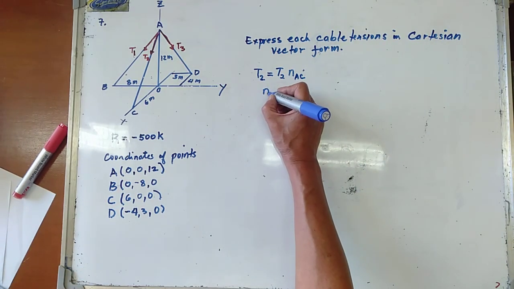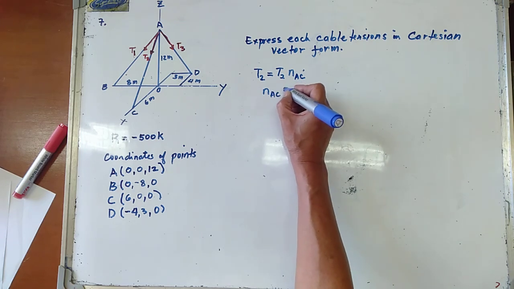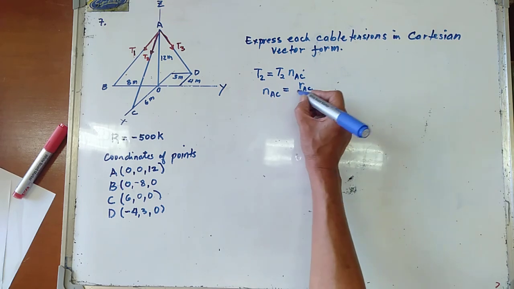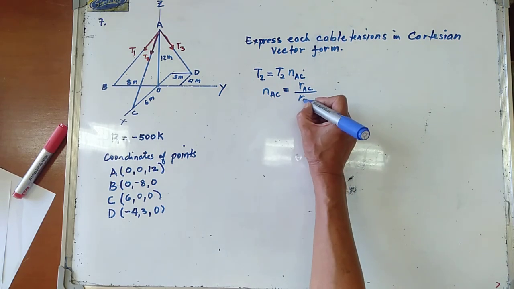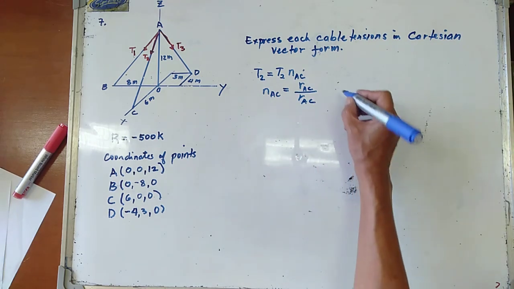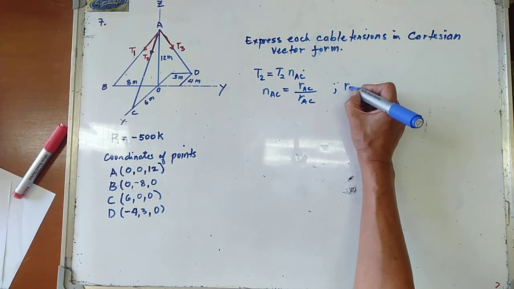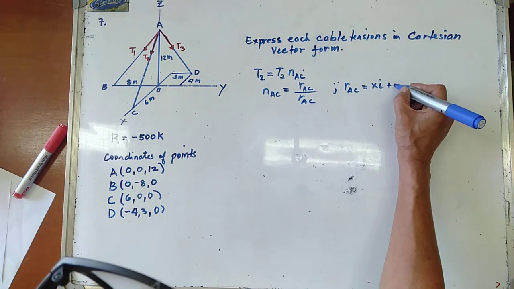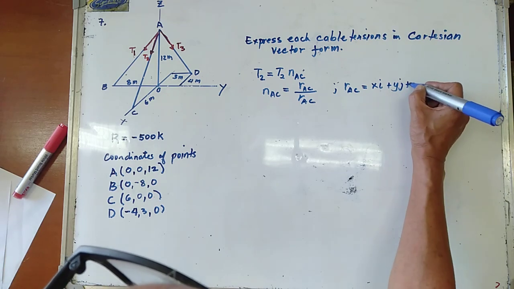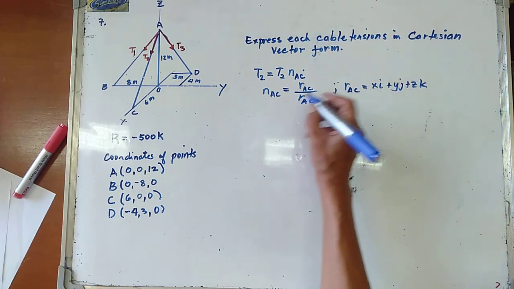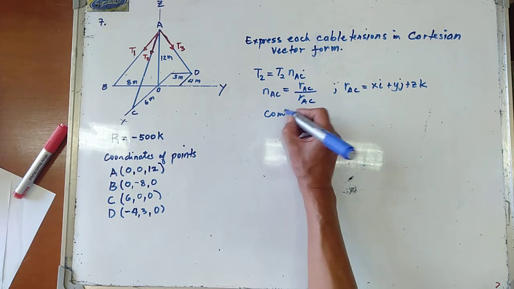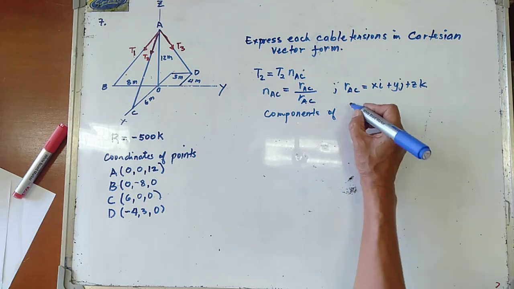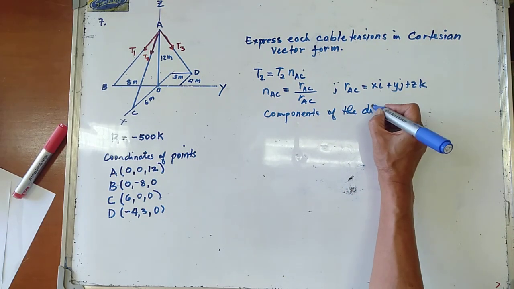Again, the unit vector AC is equal to the position vector AC over the magnitude of this position vector. Again, your position vector AC is xi plus yj plus zk. So we now have to determine the components of the distance AC.